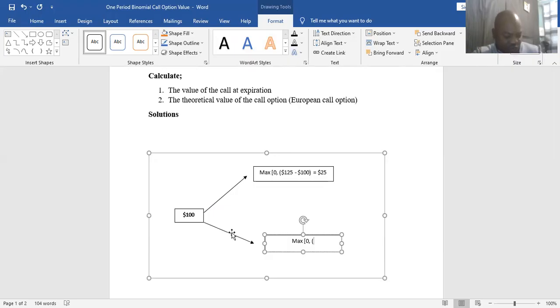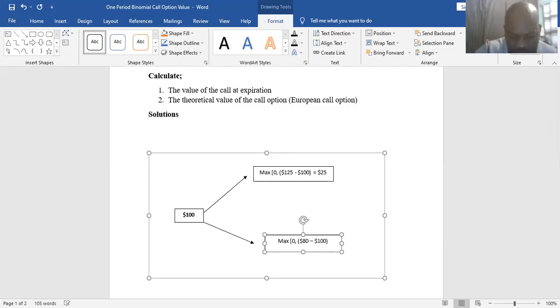So 100 minus 20, since the price is going down, we're not adding this time around, it will be 80. And then we say 80 minus the exercise price, which is 100. I indicate the dollars here so that I'm not penalized by the examiner.